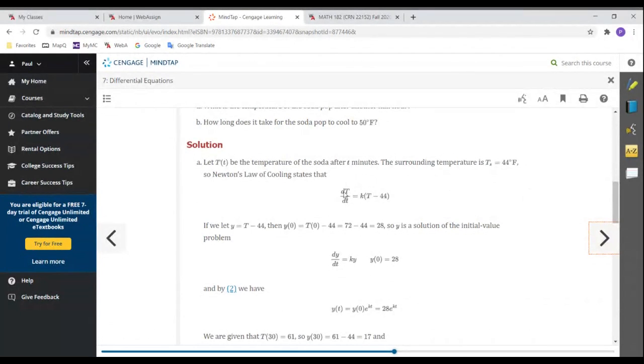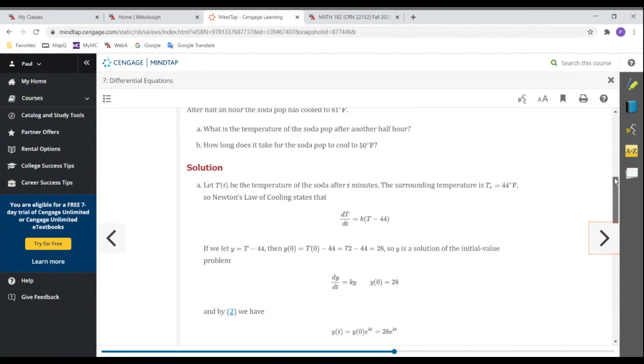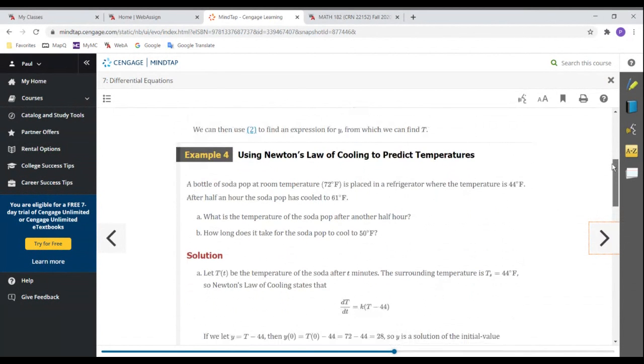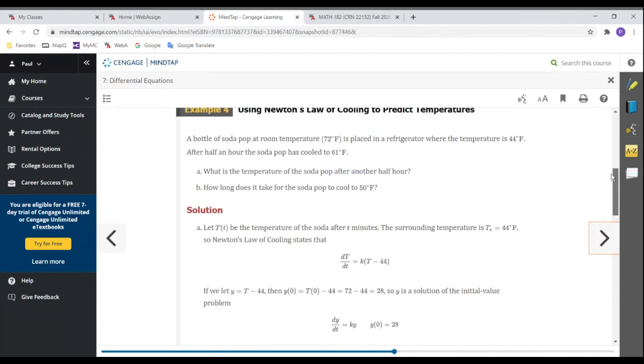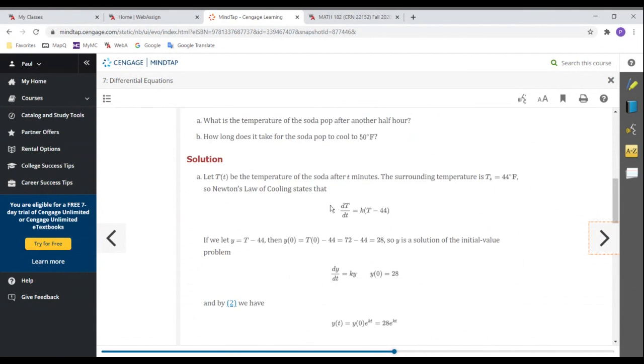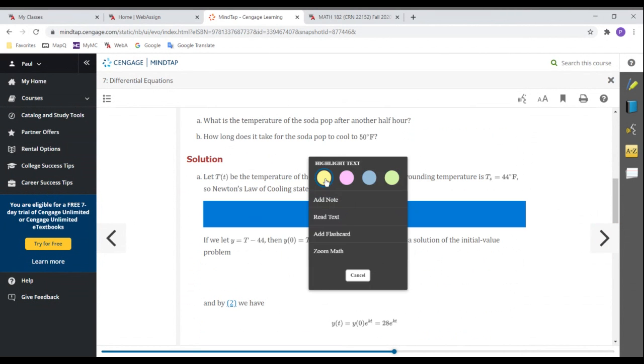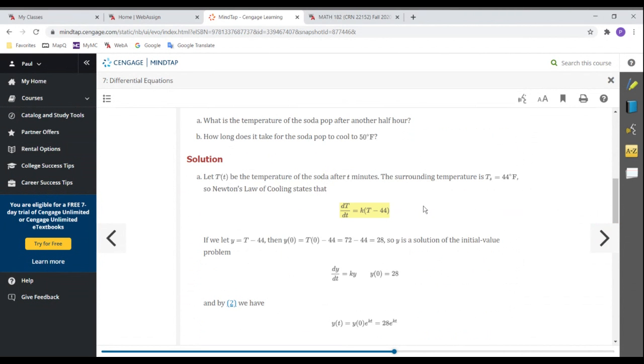So what they do is, I worked out example 4 from the textbook, section 7.4. In section 7.4 they work out the same problem, but they rephrase it as an exponential decay problem. They say, look, here dT/dt is k times (T minus 44).